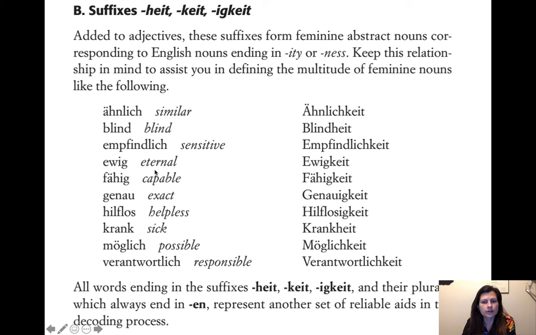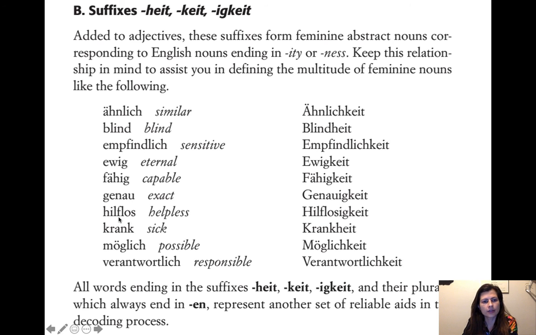Ewig, eternal. Ewigkeit, eternity. Fähig, capable, Fähigkeit, ability, capability as well. Genau, exact. Genauigkeit is exactness or maybe accuracy. Genauigkeit, accuracy.